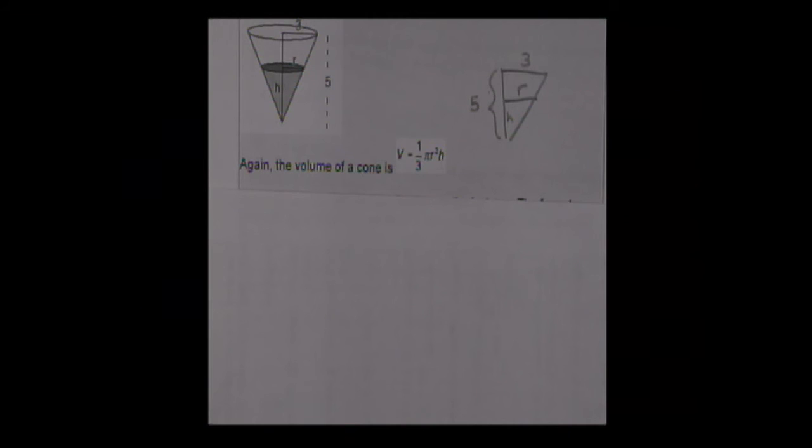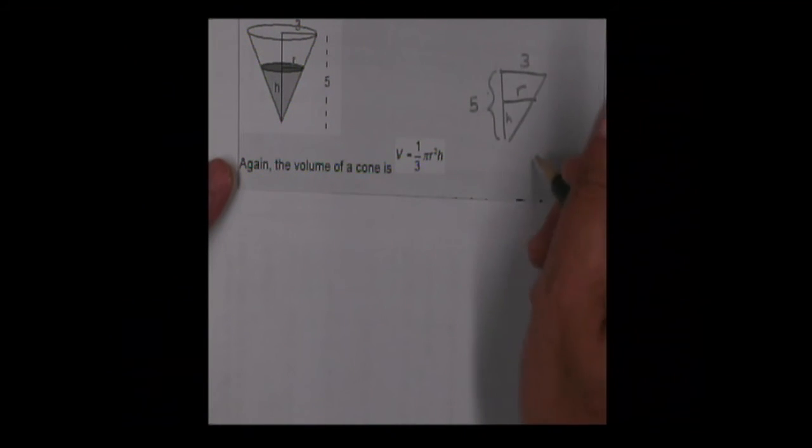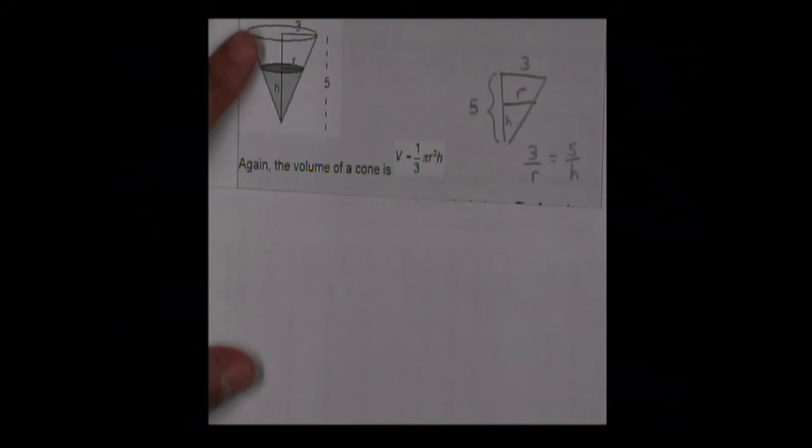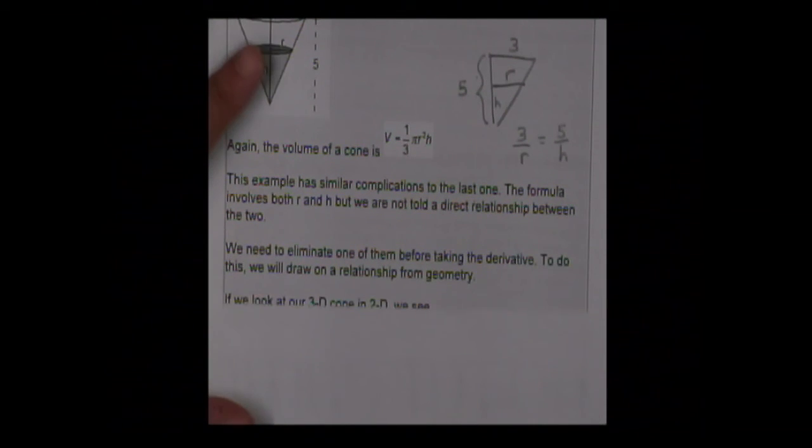And there's lots of ways you can do that. I typically do side to side is side to side. So I would typically say 3 is to r as 5 is to h. And do a little bit of math with that.